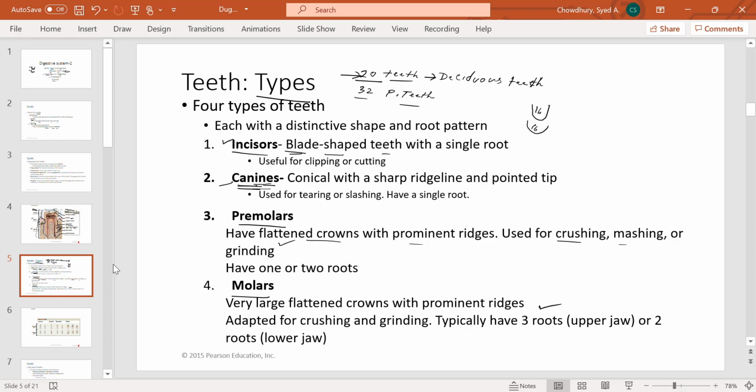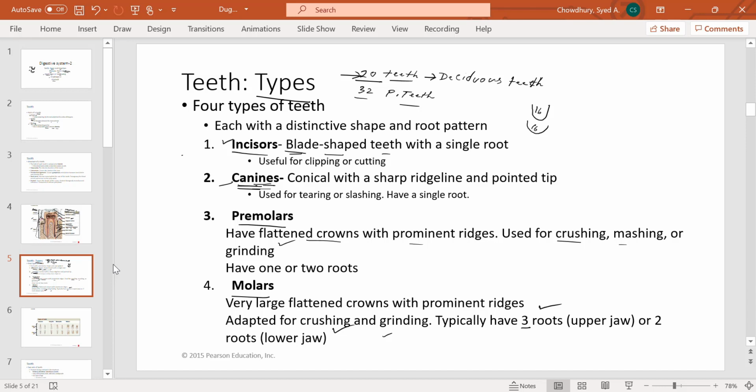So molars also have similar functions to the premolars, crushing, grinding. Now the molars have more roots. Each molar has 3 roots in the upper jaw and 2 roots in the lower jaw.